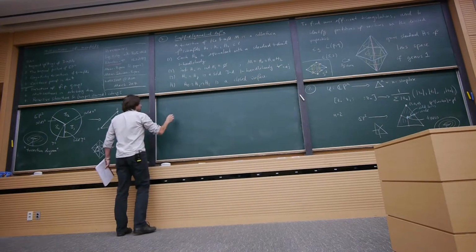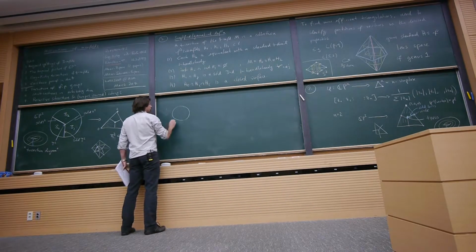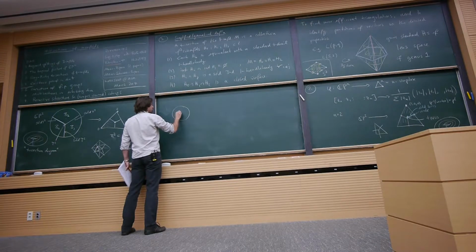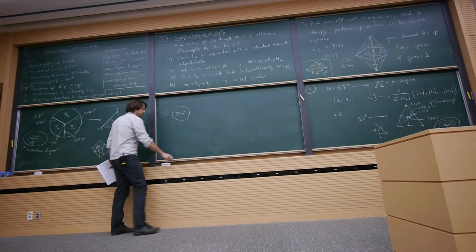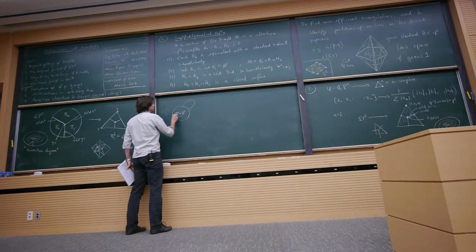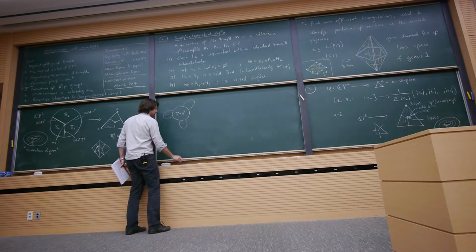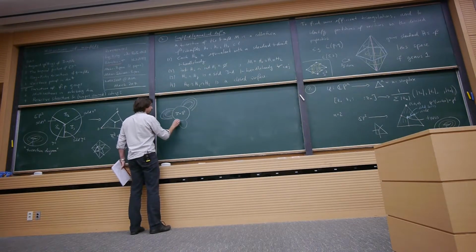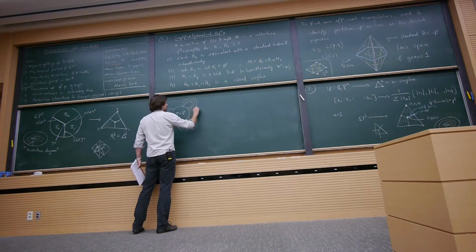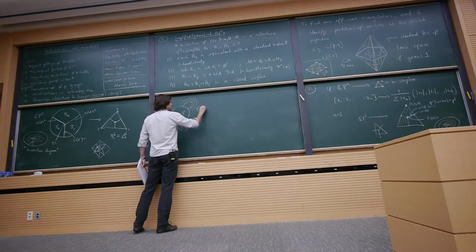So if I think about this one-handle body, here's my 0 handle. Yeah? And then I attach all these one handles to it. Yeah, so let's just draw this schematically. Yeah, so what I attach here are a whole bunch of V1 times V3s.